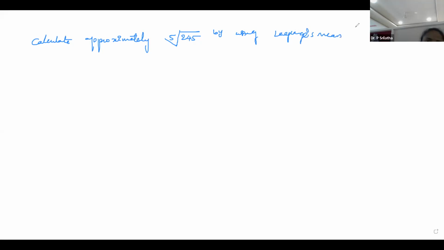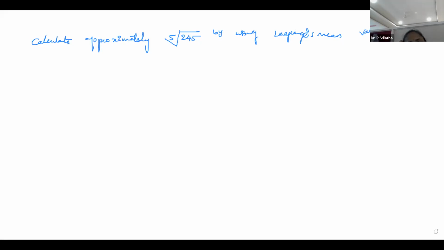So can you tell me what is our function here? So always the given value or middle value is the b value, right? So here the fifth root of something is the b value. What is that something? 245. That is the b value.